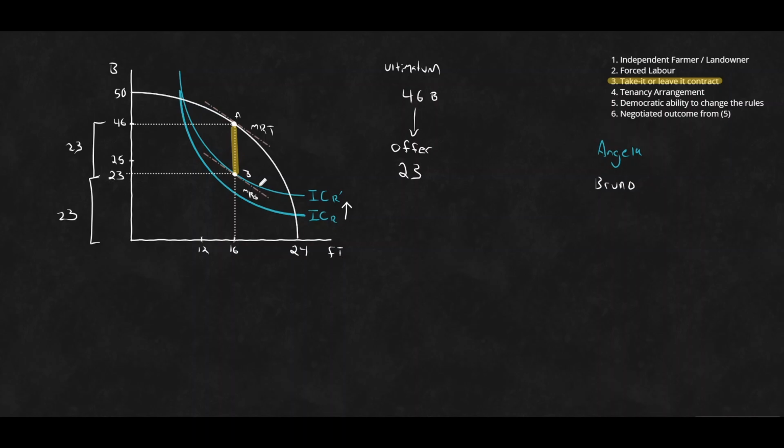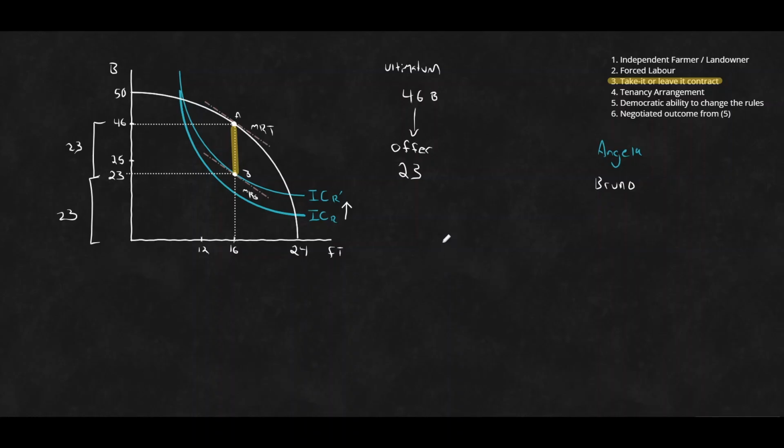One thing I want you to keep in mind is that, in fact, as we moved from forced labor to this take it or leave it contract, in many ways, our social surplus, that is the total rent, the total benefit that is shared by these two economic agents, that is the size of our pie, has shrunk.